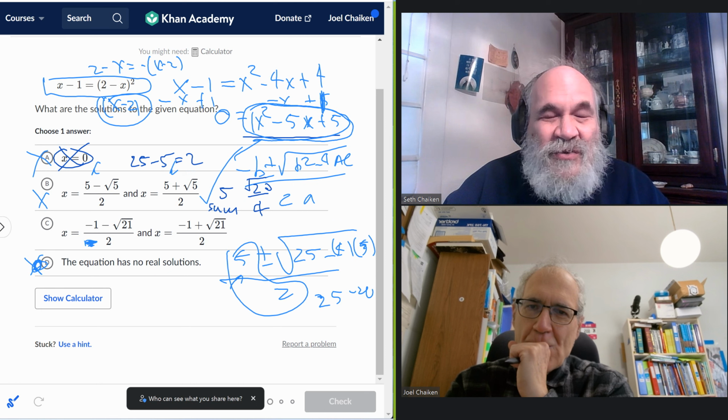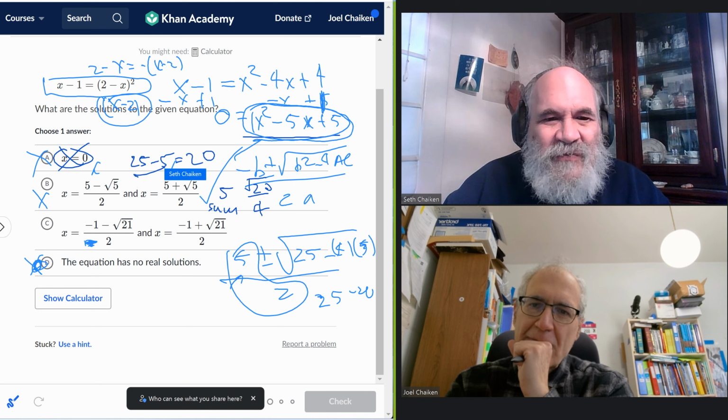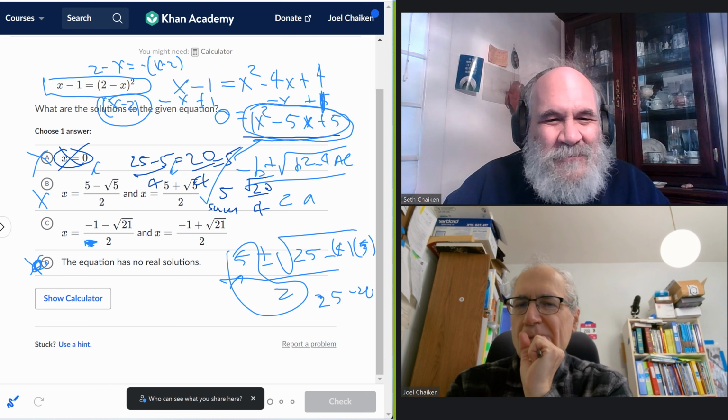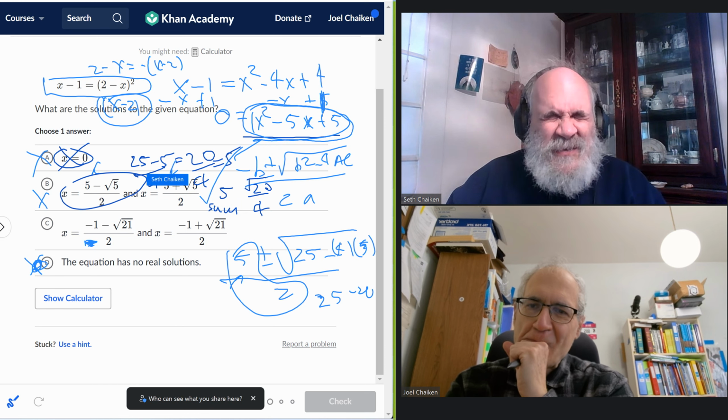No. So the product of the roots is 25 minus 5, which is 20, right? But they're all divided by 4, which is 5. So the product of the roots is also 5. And so I would pick this as the answer.